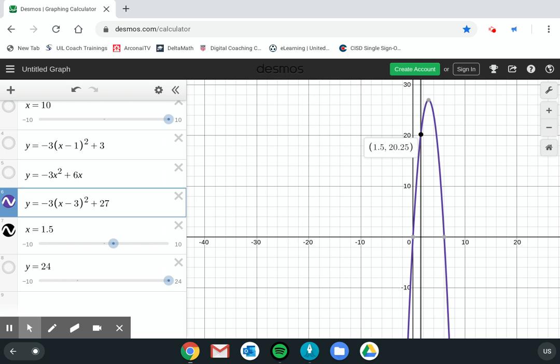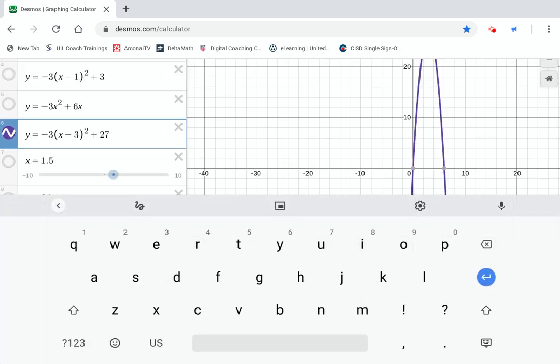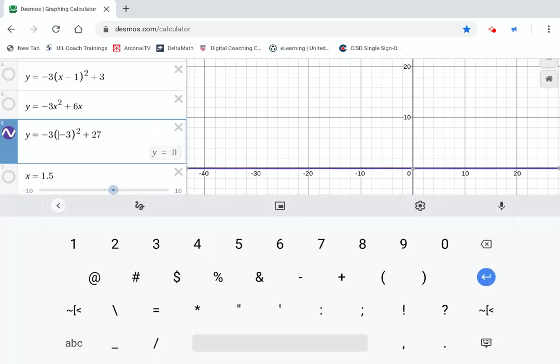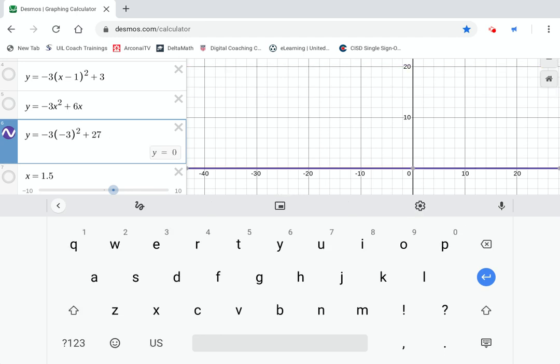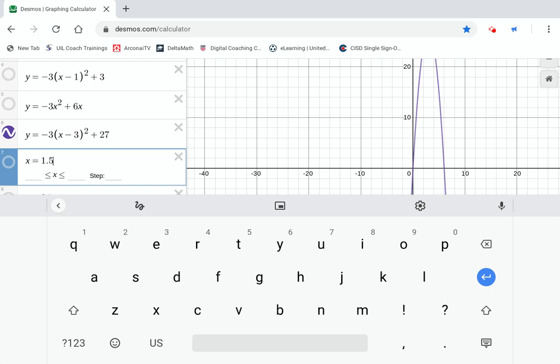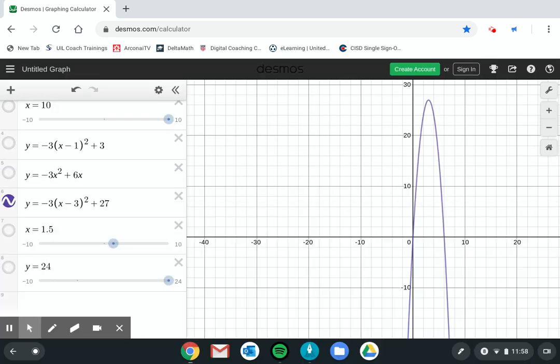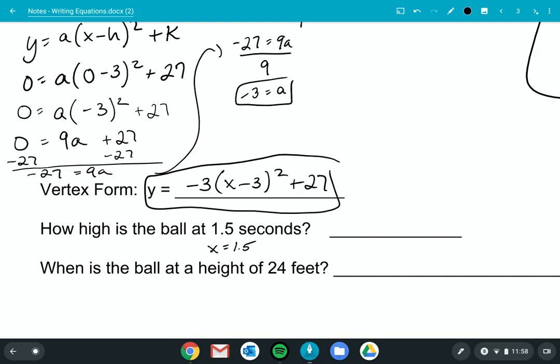Or with our equation, we could also replace x with 1.5, which will give us the exact same y value. It gave me 20.25. It really doesn't matter if I graph the line separately or if I substitute it. It's going to give me the exact same value regardless. So the height at 1.5 seconds is 20.25 feet.